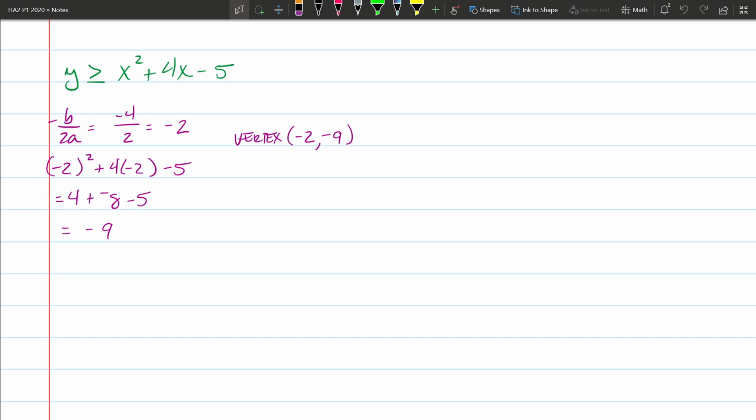We factor this. We should get x plus 5, x minus 1. So our x-intercepts will be x equals -5 and x equals 1. That should be all we need to graph it.